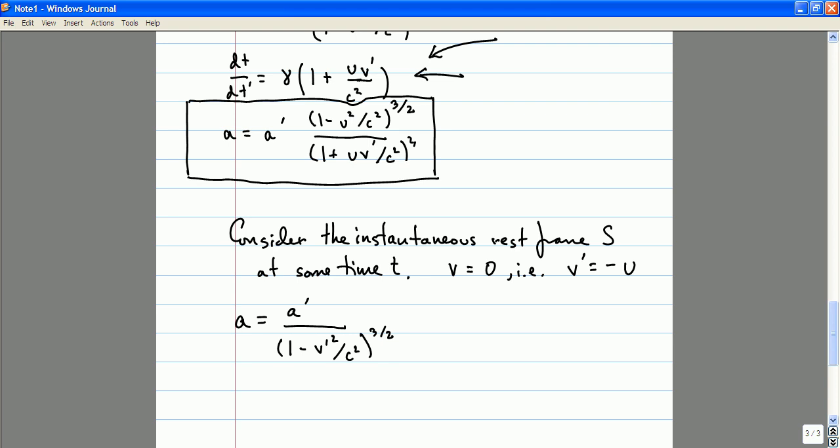Okay. So let's think about this expression for a second. Otherwise known as dv prime by dt prime times 1 over the 3/2 power of 1 minus v prime squared over c squared.